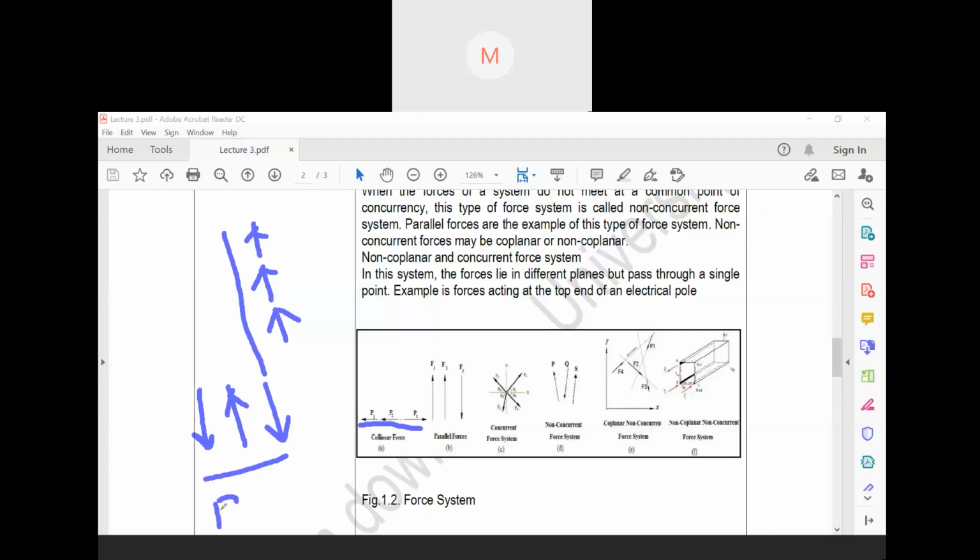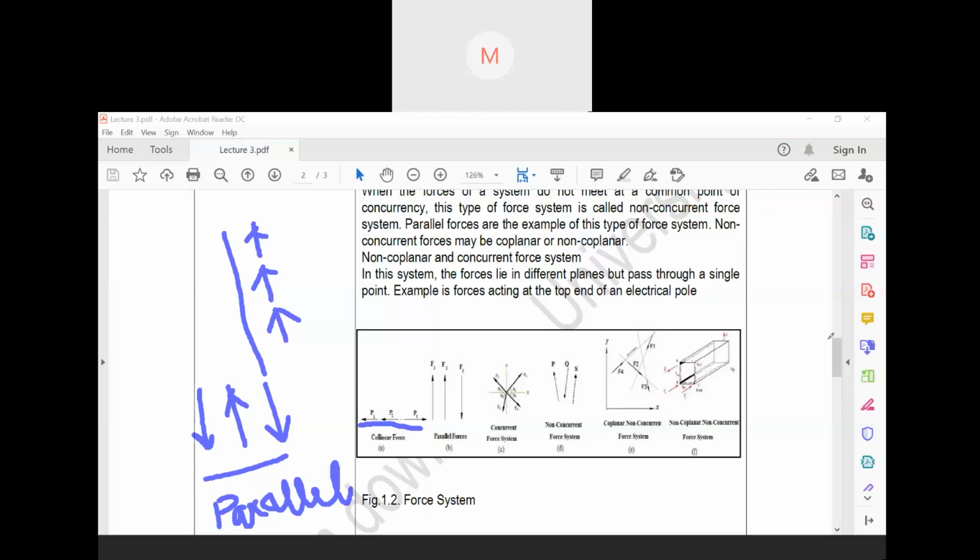So definitely this is called parallel. So in this way we define parallel and collinear forces.